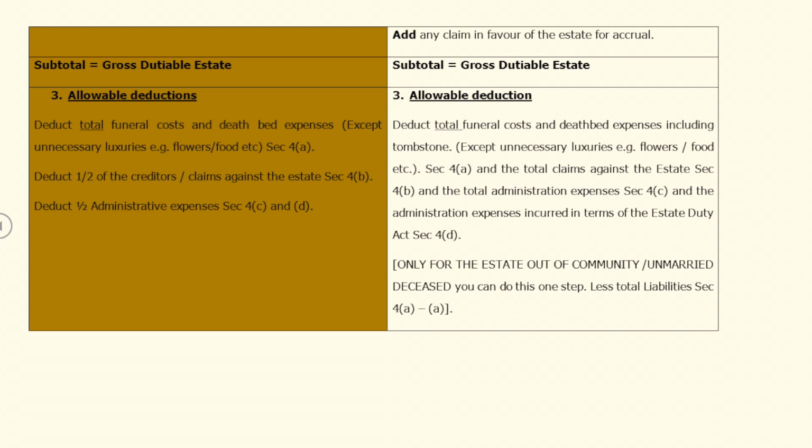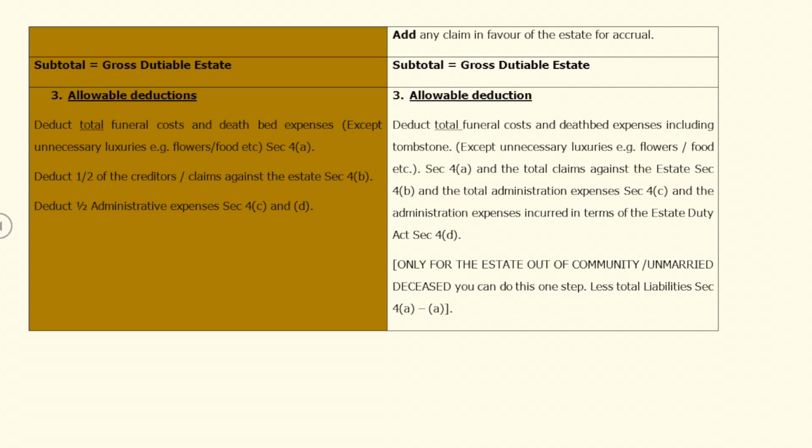Allowable deductions, if the person is married in community of property, will be: deduct total funeral costs and deathbed expenses except unnecessary luxuries, like flowers and food, in terms of section 4A.